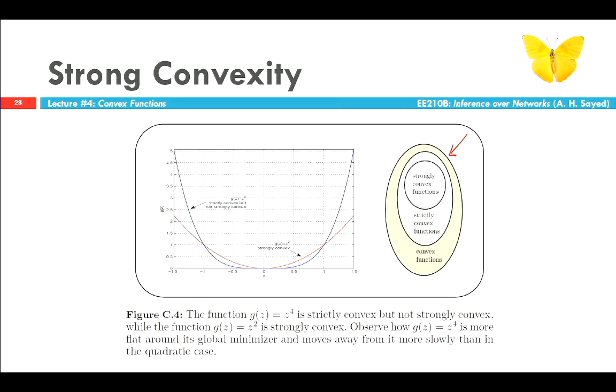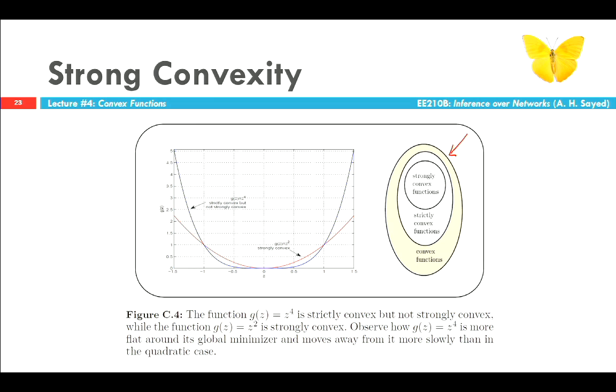So you observe already that for strongly convex functions, the function is more concentrated close to the minimum. Whereas you have a more flat opening for functions that are not strongly convex. So you can see if you are using iterative algorithms to locate the global minimum of a strongly convex function, you will have an easier task to do so than if you are doing it for convex but non-strongly convex functions.